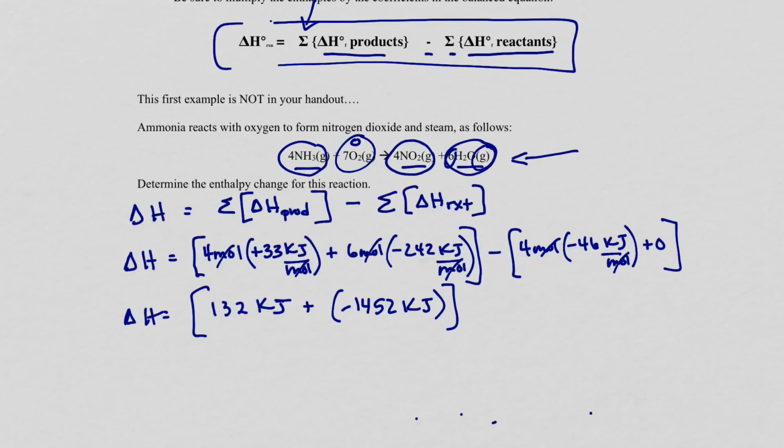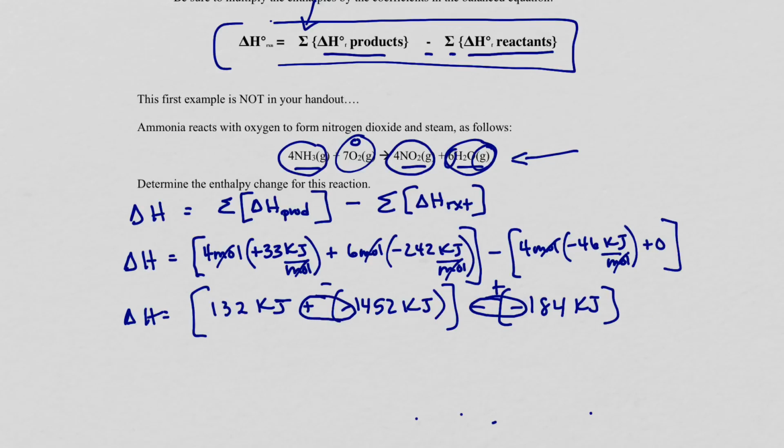Okay. I'm going to continue to simplify. On my reactants, 4 times negative 46 is negative 184 kilojoules. Okay. All right. Now, we've got to start recognizing what we're doing with these negative signs. Subtracting a negative is going to end up being addition.